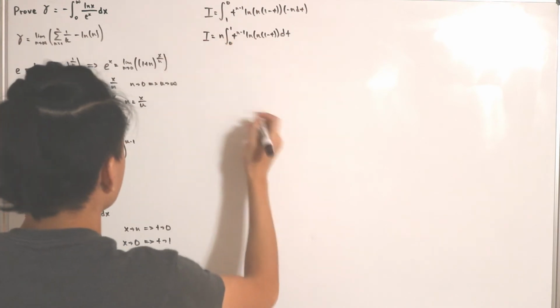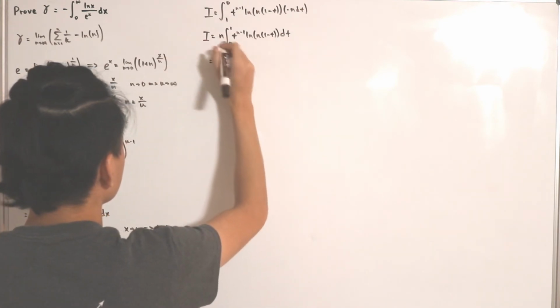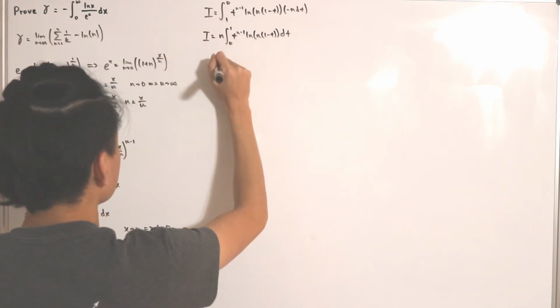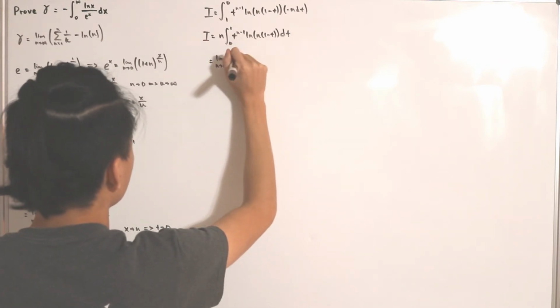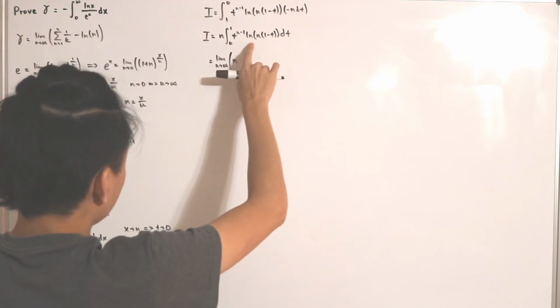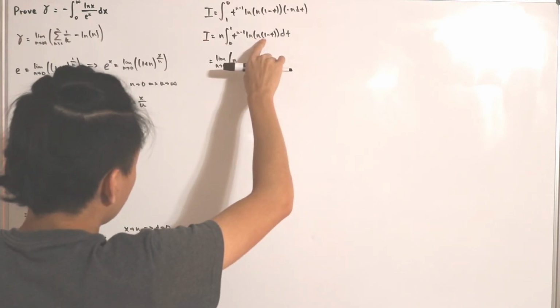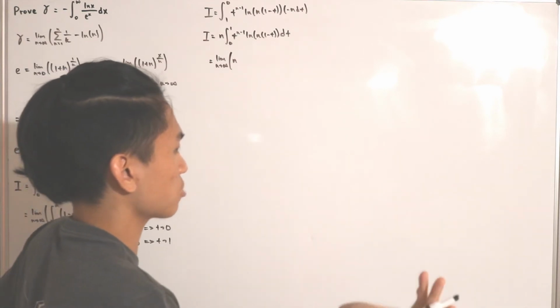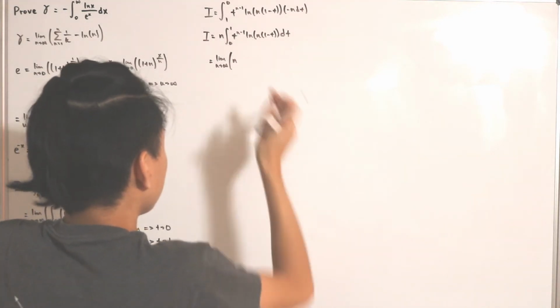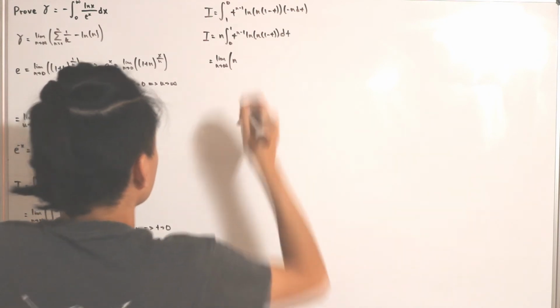I can just move that to the next step. So this is the limit as n approaches infinity of n, here we have ln of n times (1 - t), so we can use our rules of natural logs to split this product into a sum of natural logs.